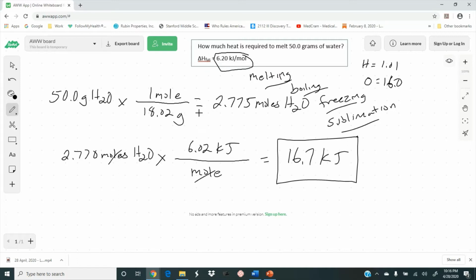You just find out how many moles of substance you have that want to freeze or boil or melt. And then once you have the number of moles, you just multiply it by your heat of fusion, which is for melting and freezing. And if you want boiling, you'd use heat of vaporization. Then you multiply them together, and there's your answer. Pretty straightforward. Important thing is that you look at these and go, okay, kilojoules per mole.